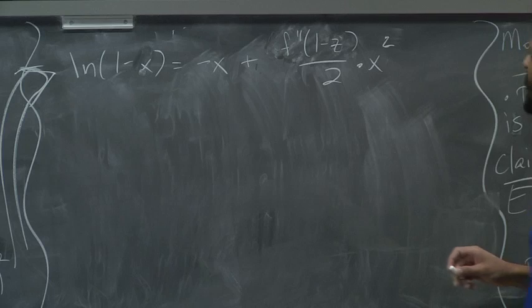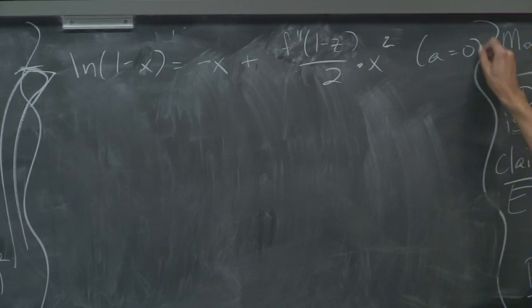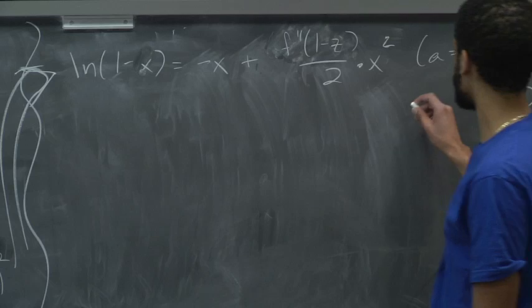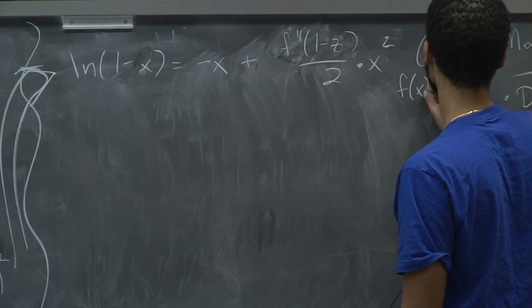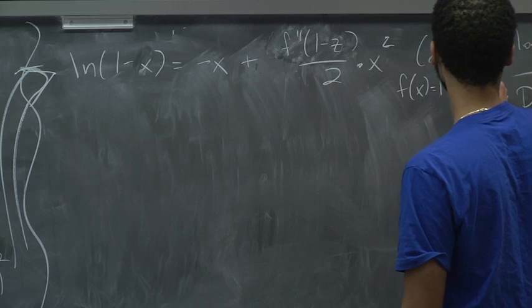So here I'm Taylor expanding about 0. And f of x is this ln of 1 minus x.